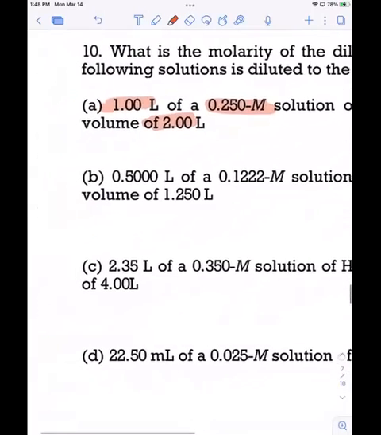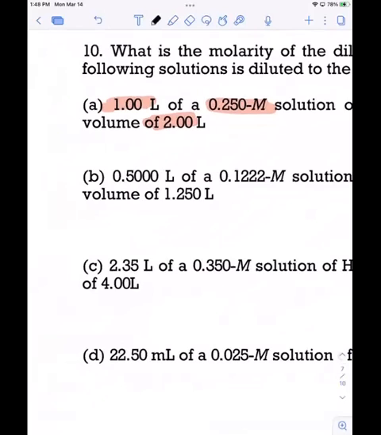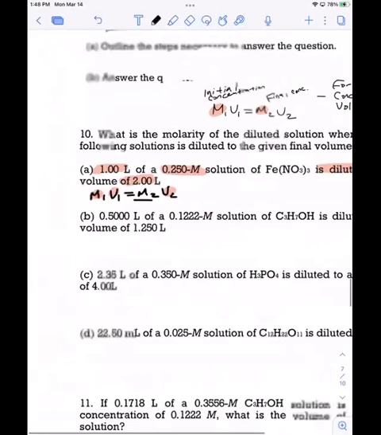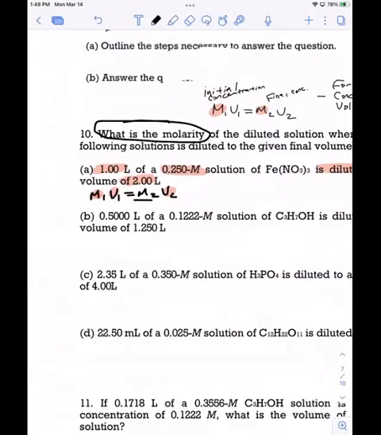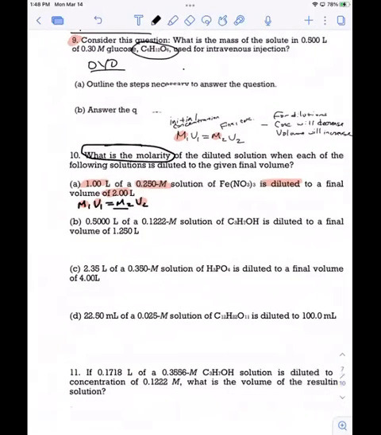So we have 3 of our 4 numbers. We have M1, we have V1, and we have V2. All these numbers we have. So we need to solve for M2 because that's what it's asking. What is the molarity of the diluted solution? Right?